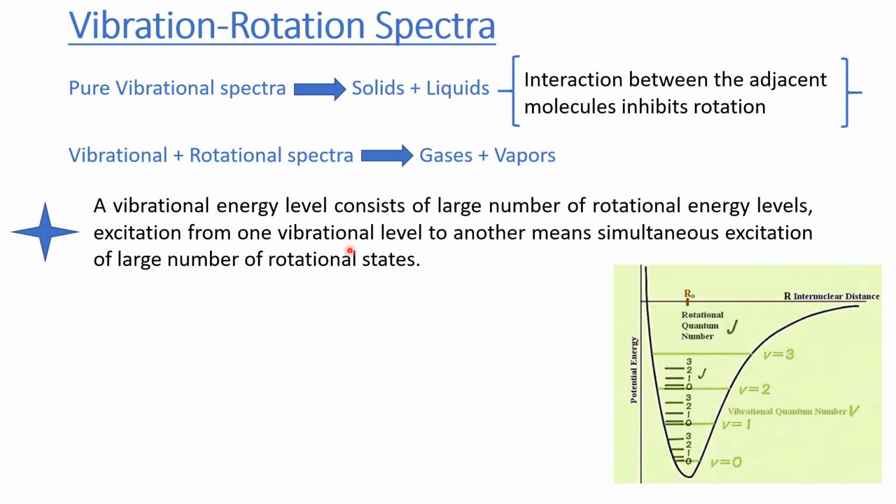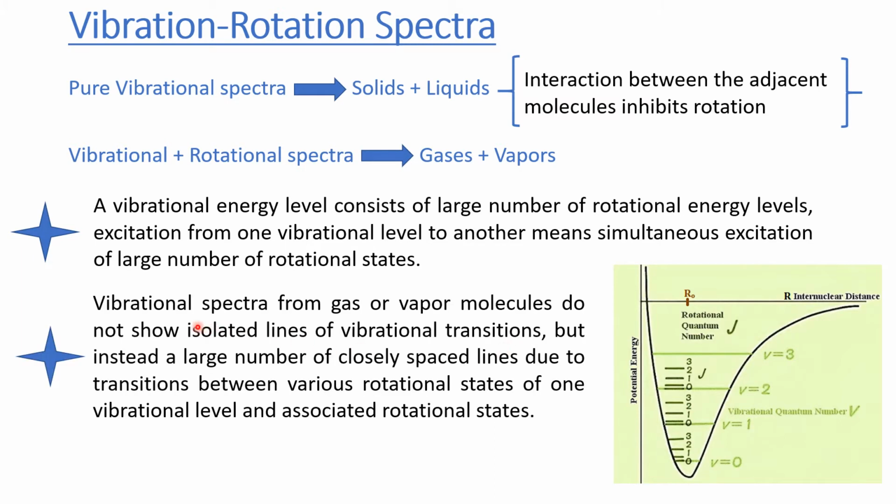When there is an excitation from one vibrational level to another, there is a simultaneous excitation of a large number of rotational energy states. That is, when we have an excitation from V equal to 0 to V equal to 1, simultaneously we are exciting these rotational states to the next higher rotational states as well.